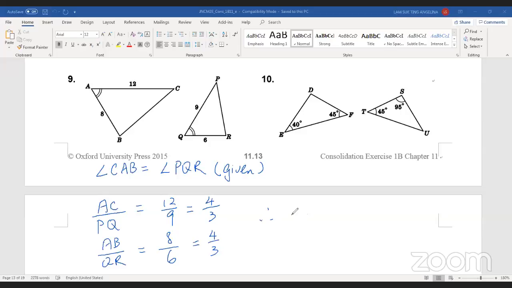Therefore, I have triangle ABC similar to triangle QRP, since A should pair with Q, and then AB. And in this case, the reason is ratio of two sides, included angle.